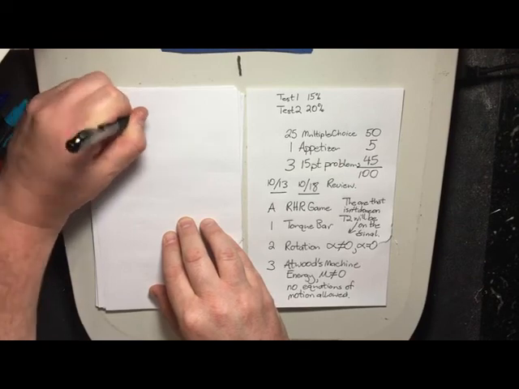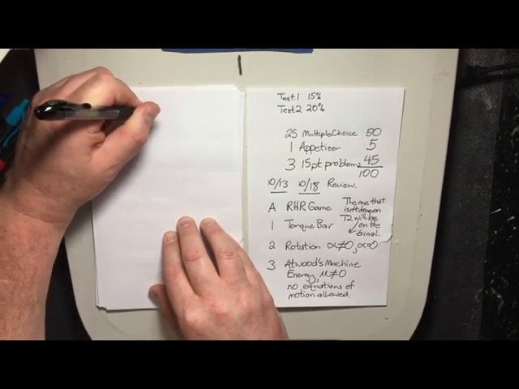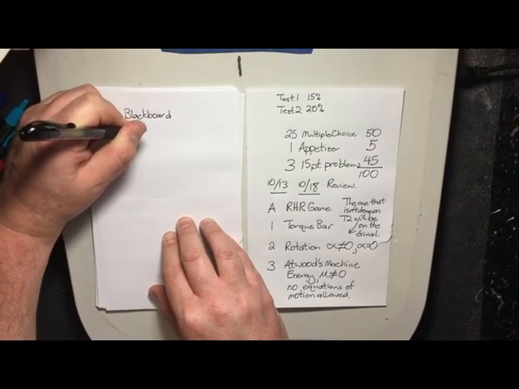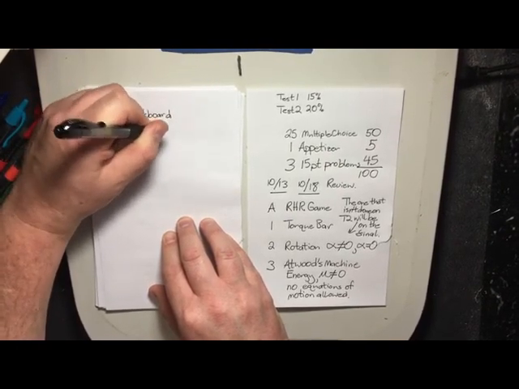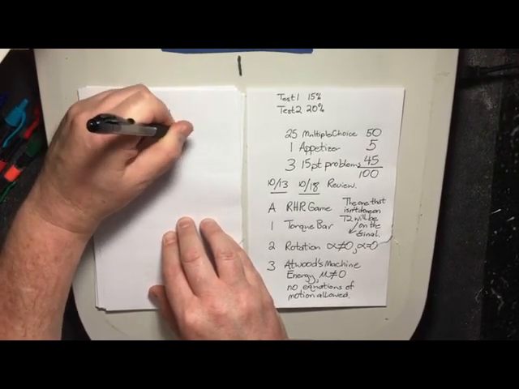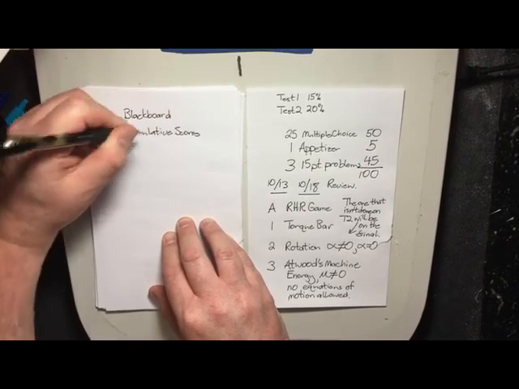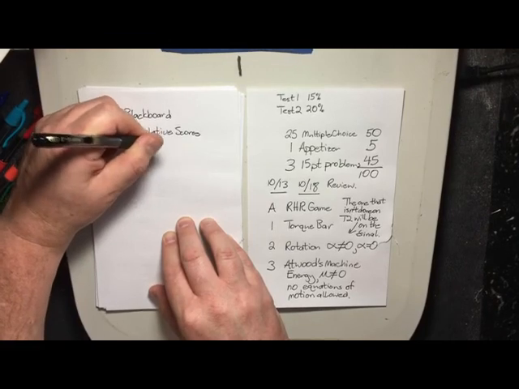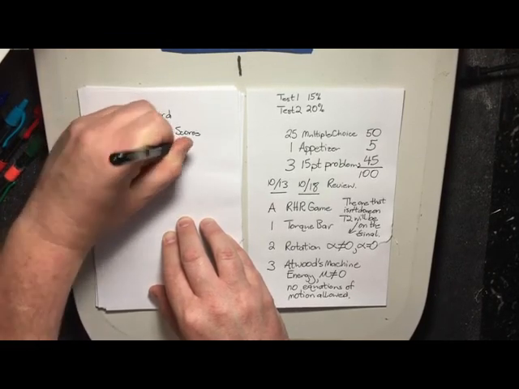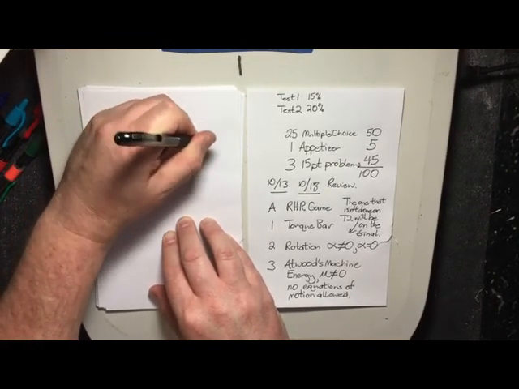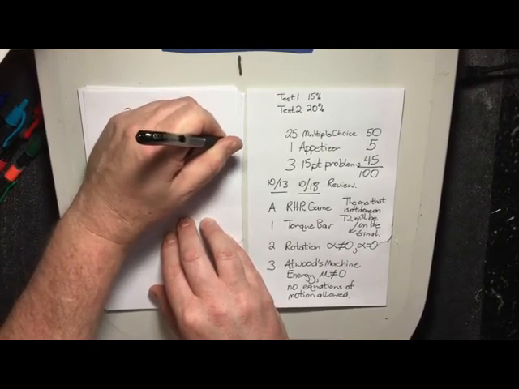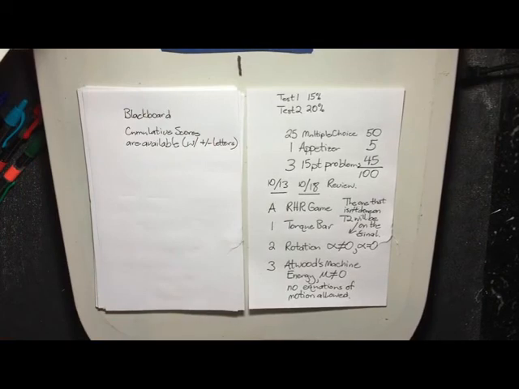I've updated the spreadsheet so that cumulative scores are now available, and they are with the plus minus letter grades. So you can take a look at Blackboard and see what your at moment score is.